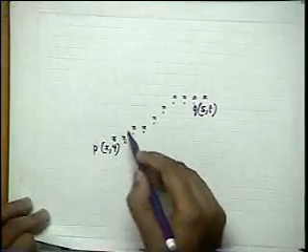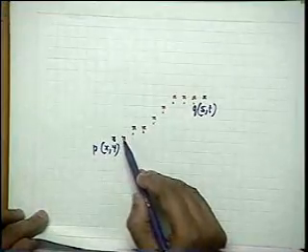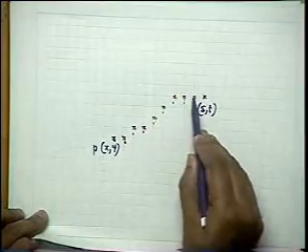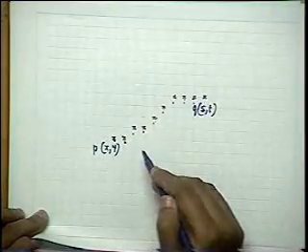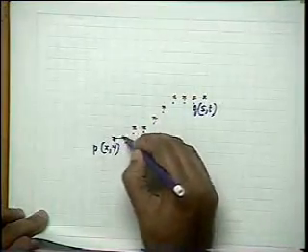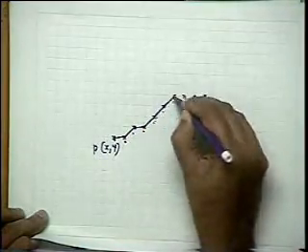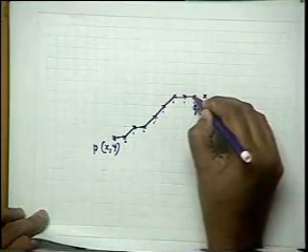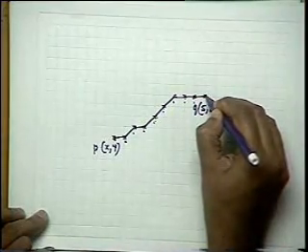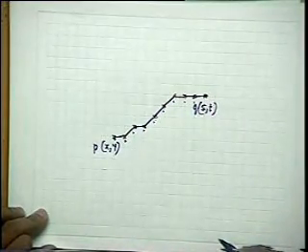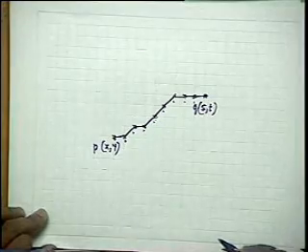Because, just see, how many pixels are specified over here? 1, 2, 3, 4, 5, 6, 7, 8, 9, 10. There are totally 10 pixels. But I calculate the path 1, 2, 3, 4, 5, 6, 7, 8, 9. At the end of the 9th portion, I have reached the destination Q. So my path length in this case is equal to 9.